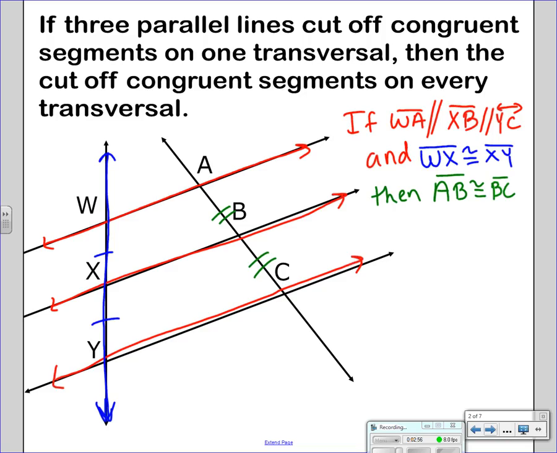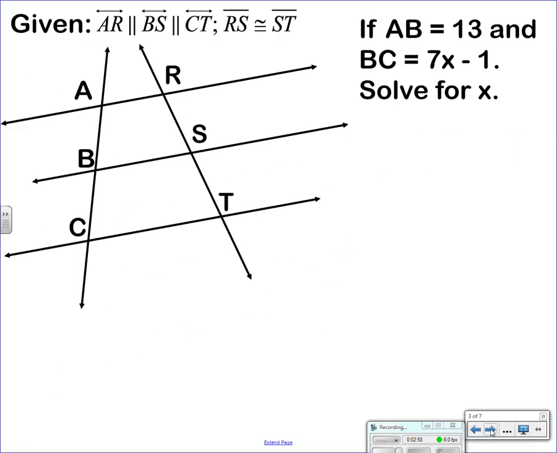Our next example is an algebra problem where you need both of those pieces of the given. We're given that AR is parallel to SB, which is parallel to CT. So I have one piece, and then they also need to tell you that RS is congruent to ST. By that last theorem, BC then is equal to AB.